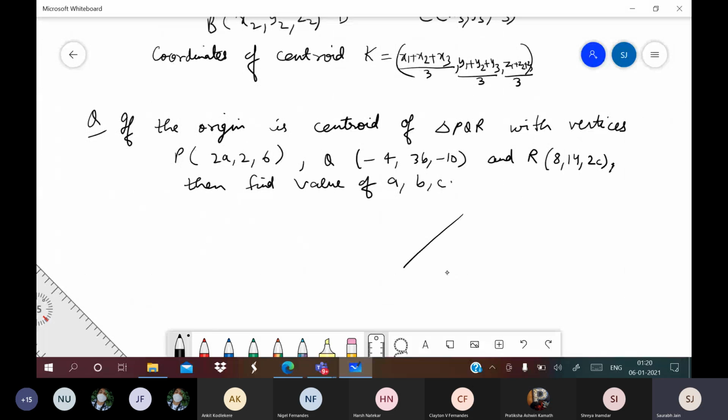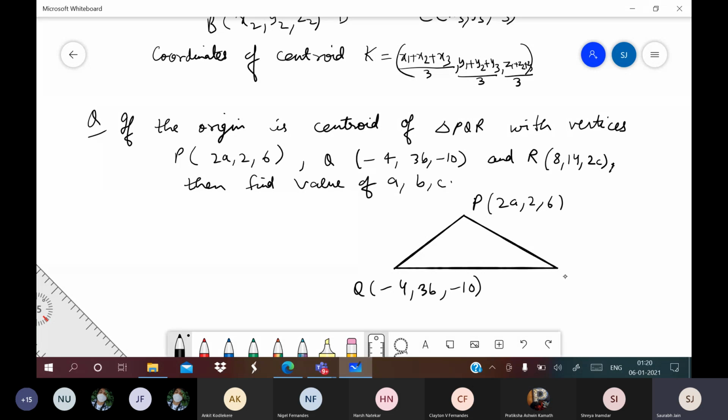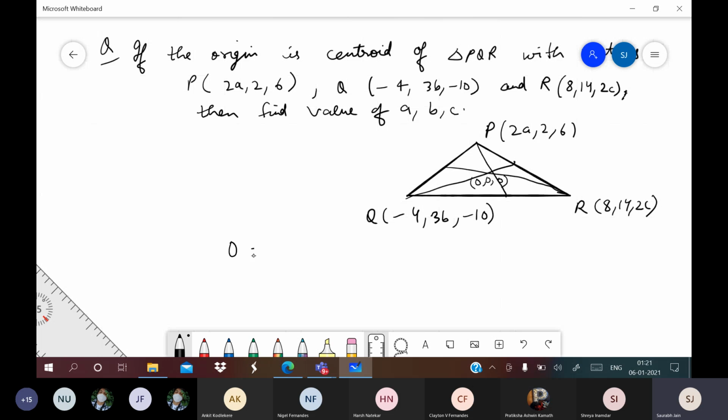Question is simple, no? You just draw any triangle. Mark the points. Say P point is (2a, 2, 6), Q point is (-4, 3b, -10), R point is (8, 14, 2c), and just take the centroid as origin. Origin means (0, 0, 0). Apply the formula. X coordinate is 0 and you write it as x1 plus x2 plus x3 by 3.